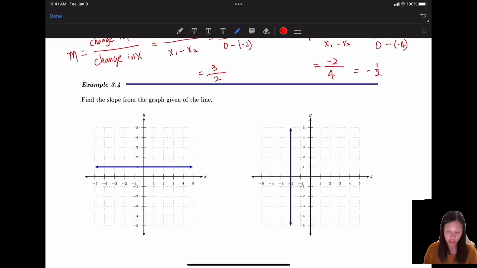Okay, so find the slope of this given graph. Well, this one is a horizontal line. We pick two random points: negative 3, 1, and 1, 1.